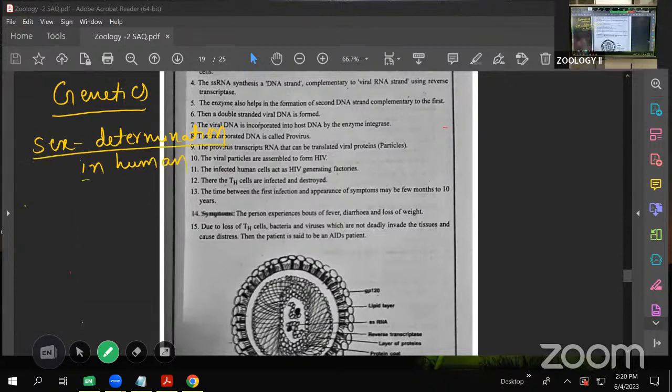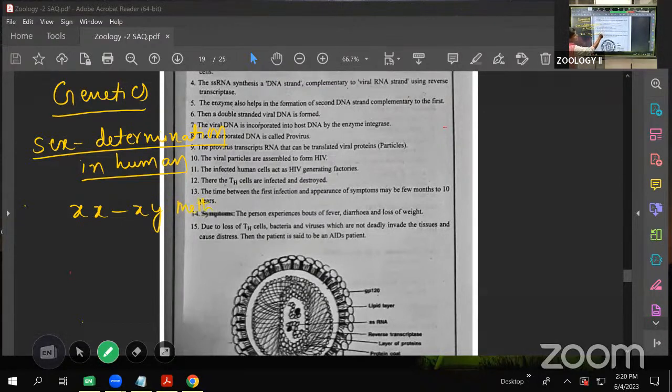Here, sex determination in human means, we already discussed the chromosomal theory of sex determination. In that only the same is there. Here in the human, the XY method of sex determination occurs.